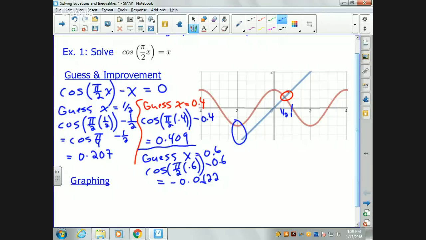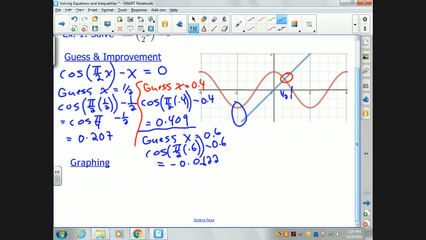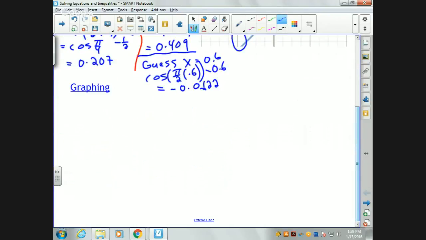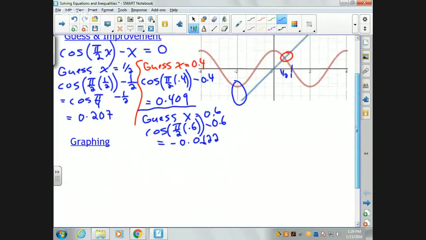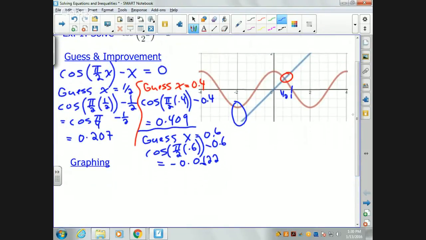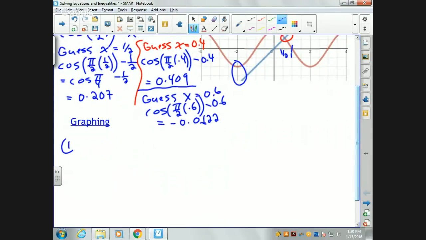There was another way, which I guess is graphing. It could be by eye, or we could use some technology, right? We could actually graph this. When we graph, there are actually two ways that we could graph it. We could graph the two functions. We won't do it because we saw kind of where it was.